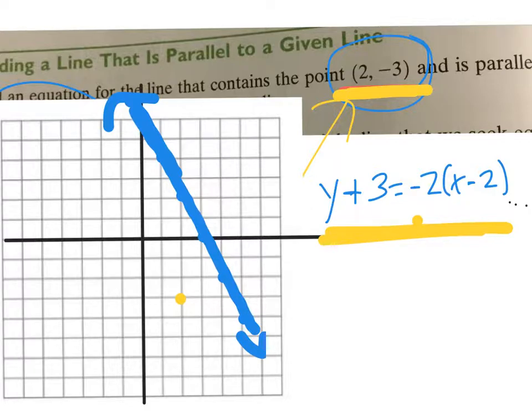So I'm going to go down 2, right 1, or I could go up 2, left 1. Very good. And right here would be that line. So you can see how they're never going to intersect because they have the same tilt, or the same slope.